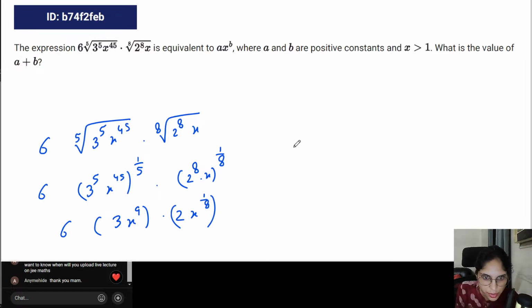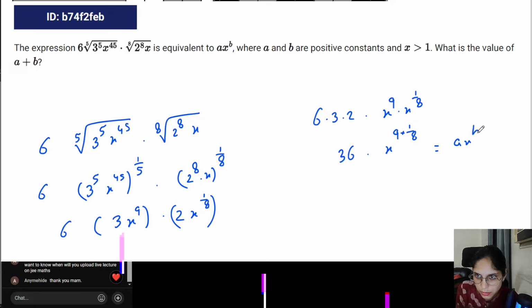So now I multiply the numbers together. There is no power. This is 36. This is x to the power 9 plus 1 over 8. A is 36. B is 9 plus 1 over 8.